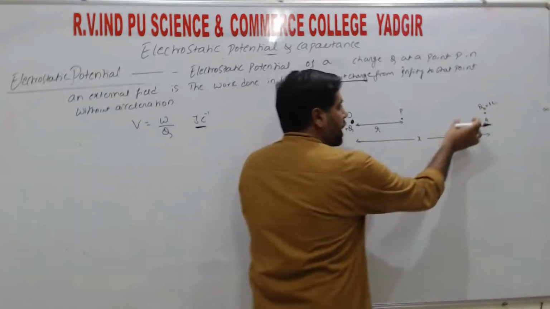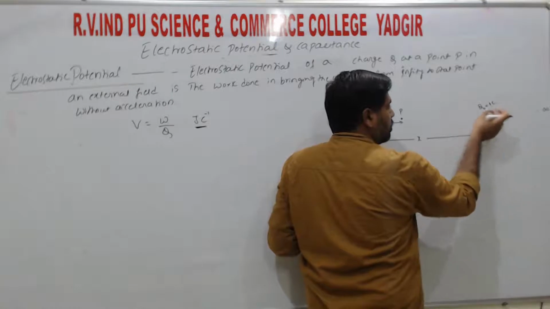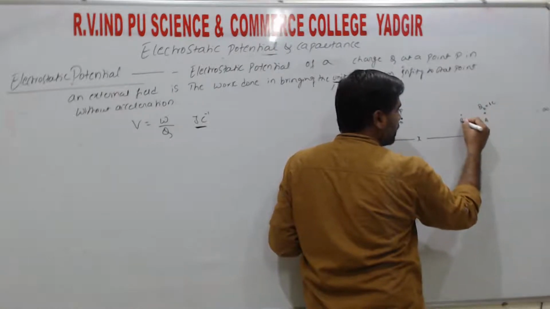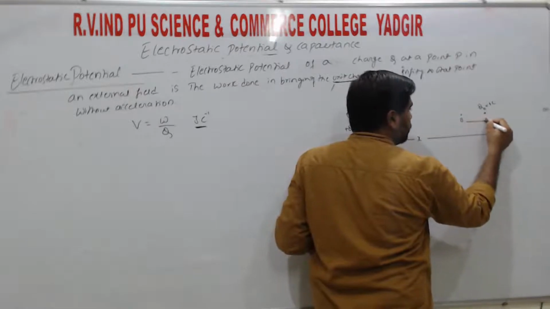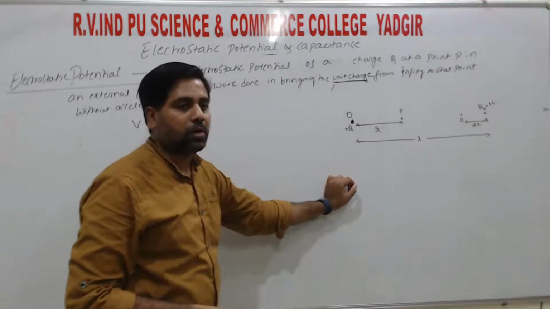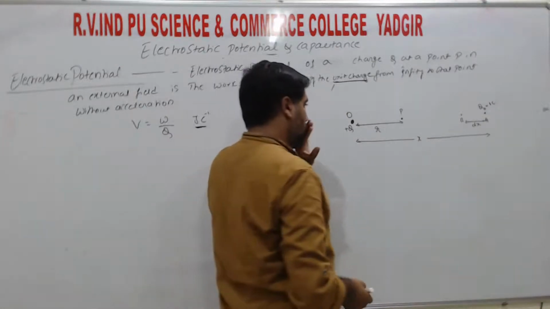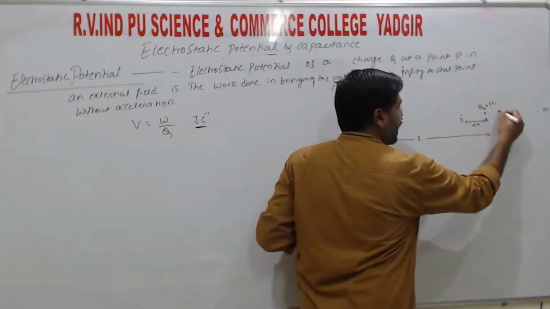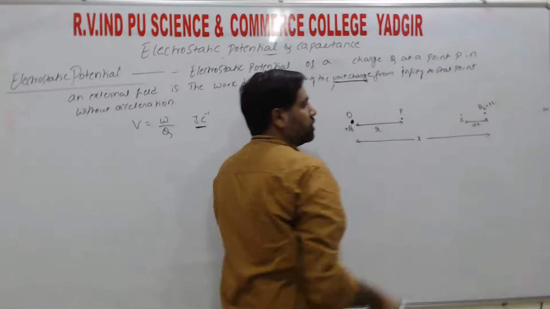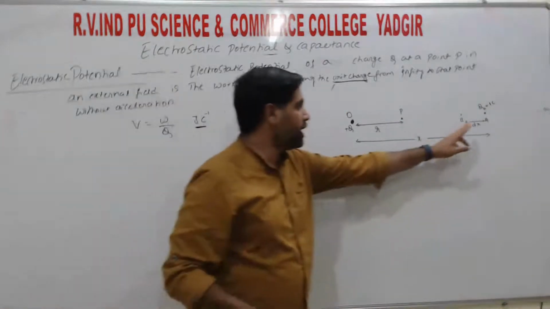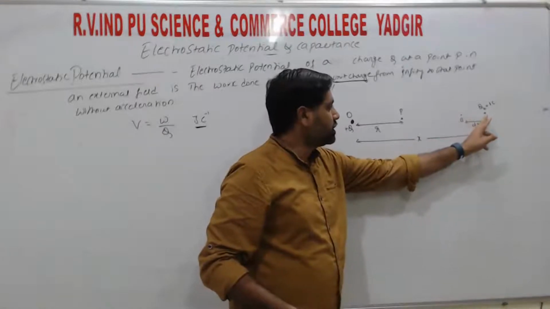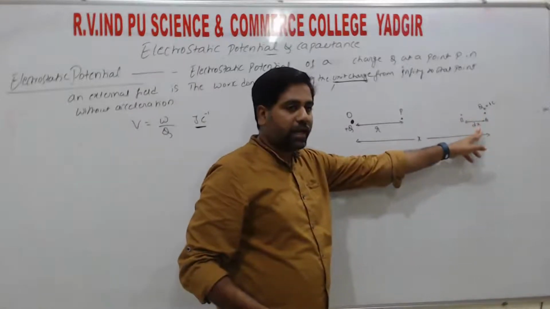We move the charge Q naught up to a small displacement, point B. This displacement we take as dx. By applying an external force, we are bringing the charge from infinity to the point A. From here to here, the charge is displaced by the amount dx.